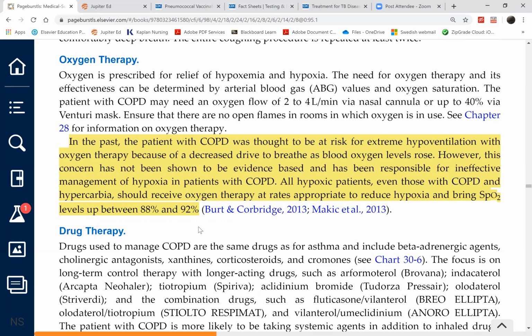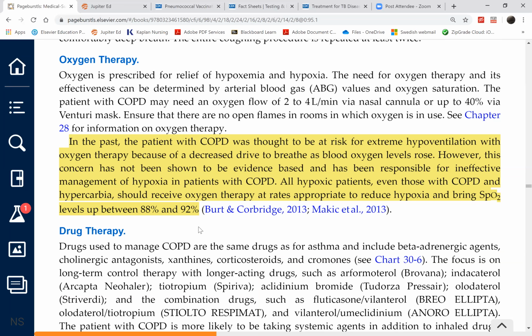All hypoxic patients, even those with COPD and hypercarbia, should receive oxygen therapy at rates appropriate to reduce hypoxia and bring SpO2 levels up between 88% and 92%.